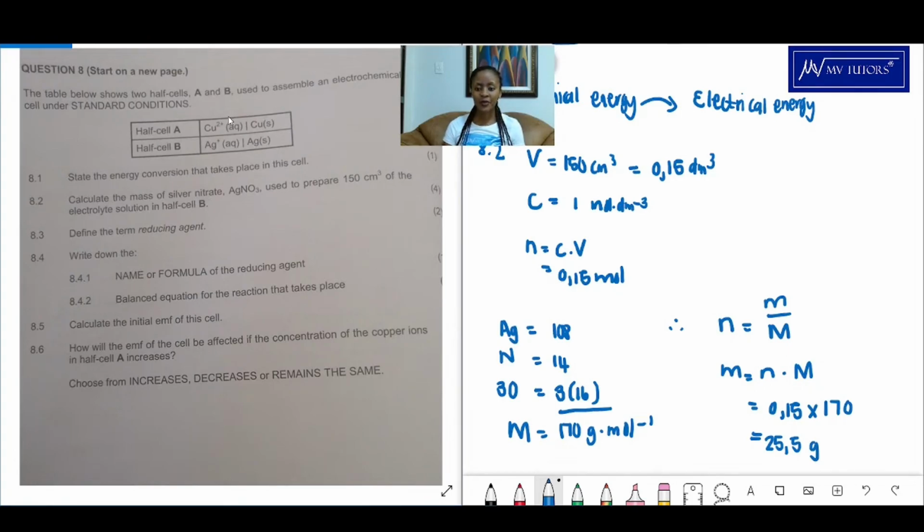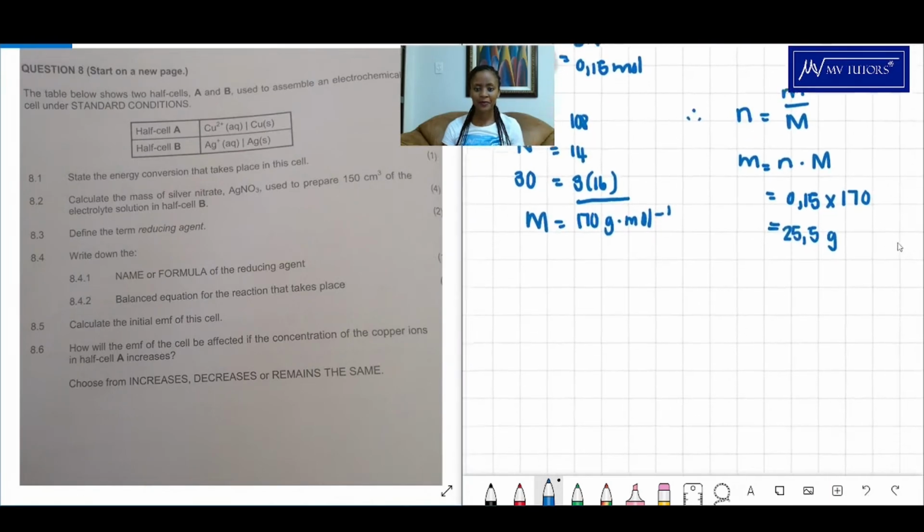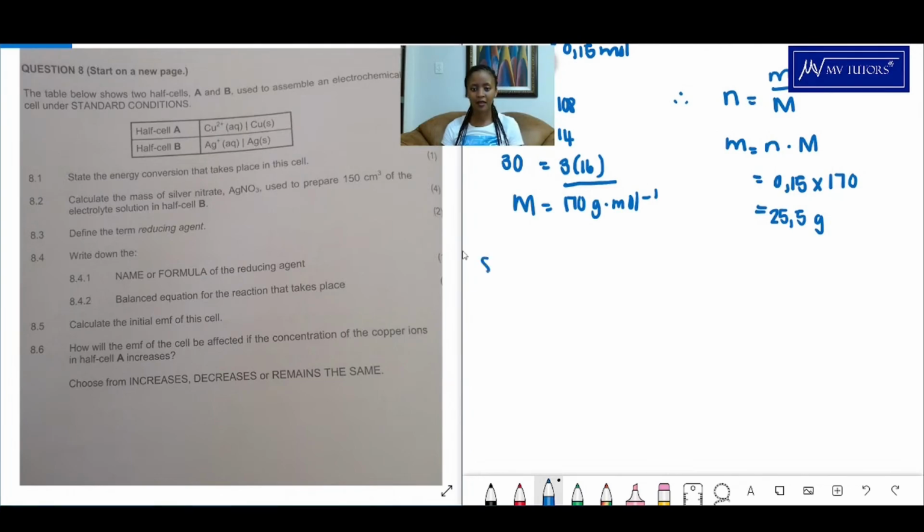And then 8.3. Define the term reducing agent. Okay, so agents actually do the opposite. If you know that oxidation is when you are losing electrons, what helps your element to be oxidized is the reducing agent, not the oxidizing agent.